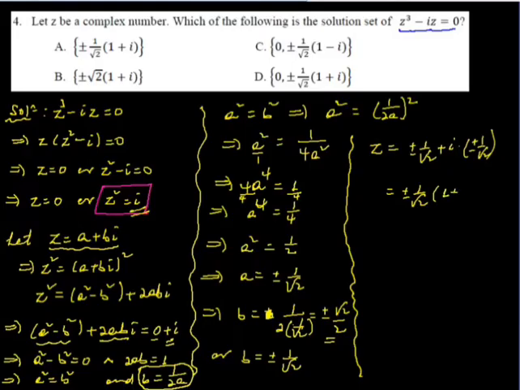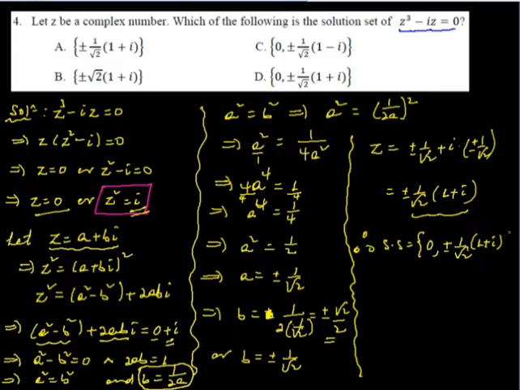Then inside it becomes 1 plus i. Therefore we have three solutions. z is equal to 0 and z is equal to this one. Therefore the solution set for this complex equation is 0 and plus or minus 1 over radical 2 times 1 plus i. This is the solution set for the given complex number. So our answer will be D.